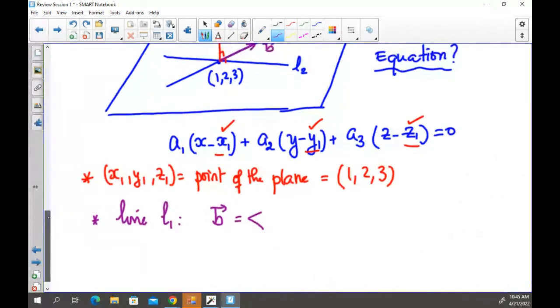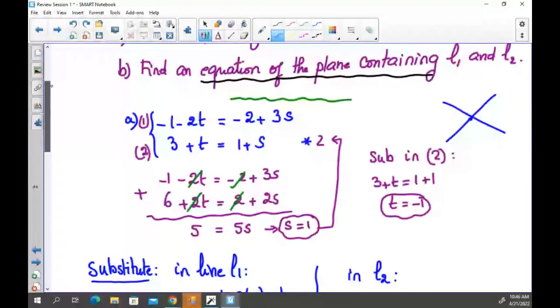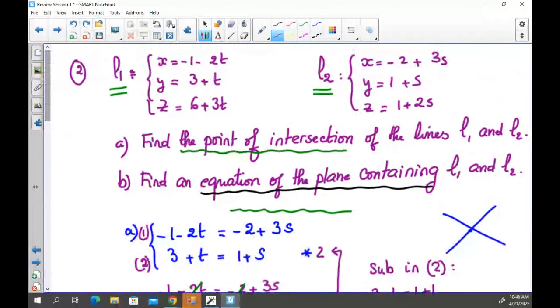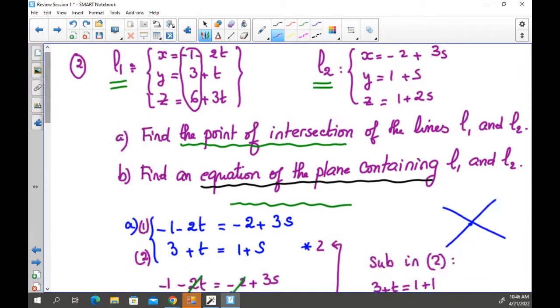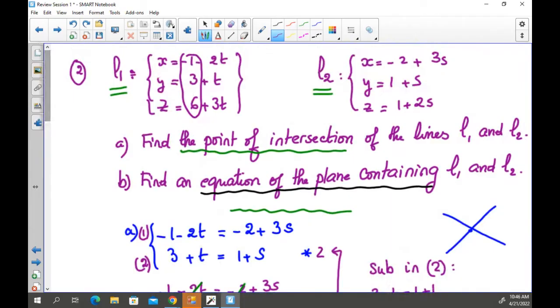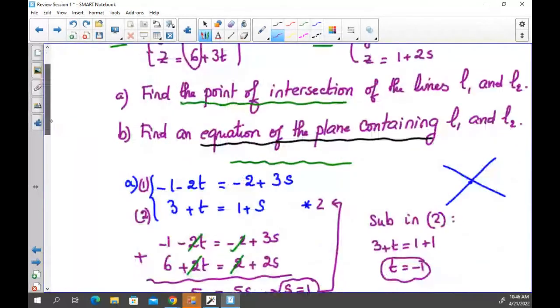If you look at its equation, this equation has two things. It has a point on the line, and it has a vector direction. So yes, the line L1 is in the direction of the vector -2, 1, 3.